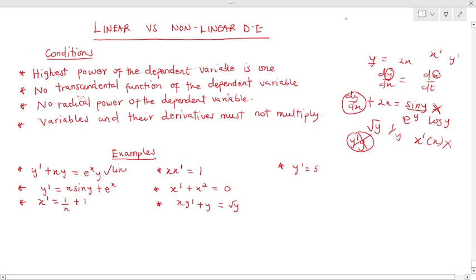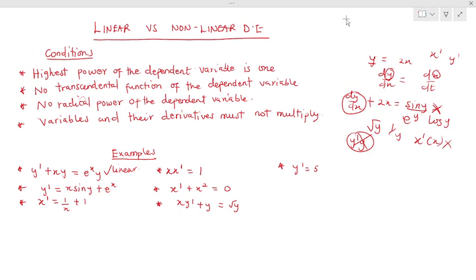When I come to the second one, based on the conditions here, let's match them. The highest power of the dependent variable is 1. Here, the derivative is of first power, and also there is no y squared in it, so it's 1. Then also there is no transcendental function of y. The transcendental function we have here is e to the power x, not of y, so it's accepted.